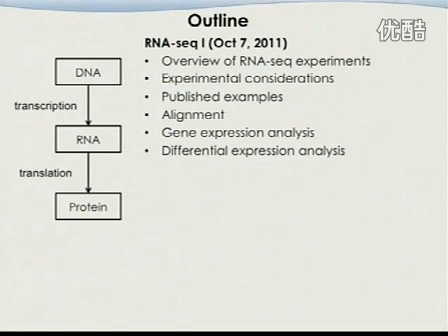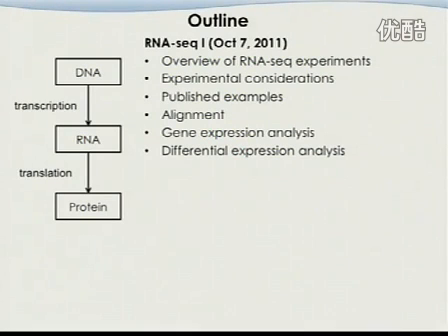I will introduce a couple of experimental considerations before you do the experiment. This is not the analysis part, just very basic biological material. I'm going to introduce a couple of published examples to see how RNA sequencing can change our view of the transcriptome, or biology in general.